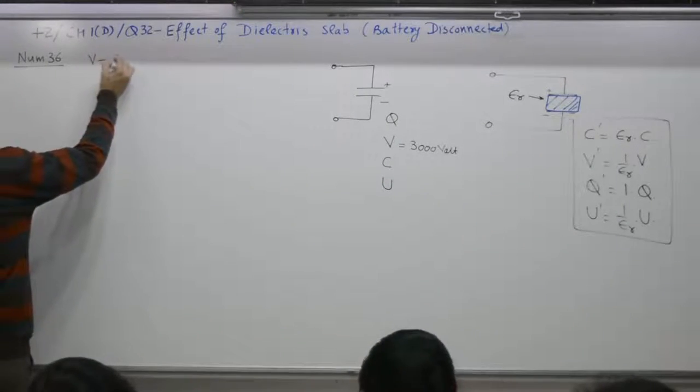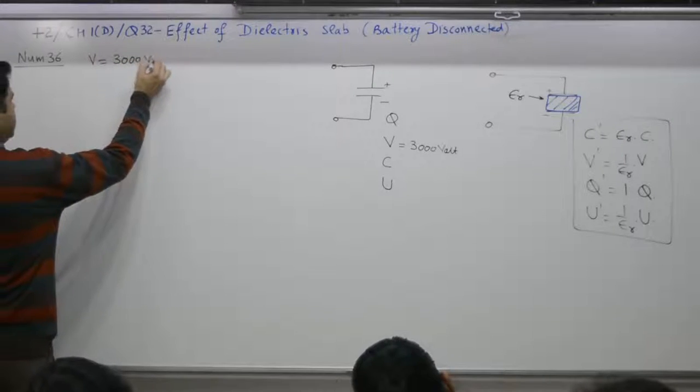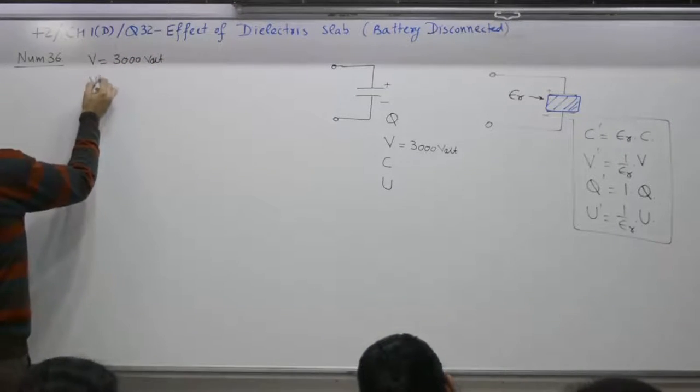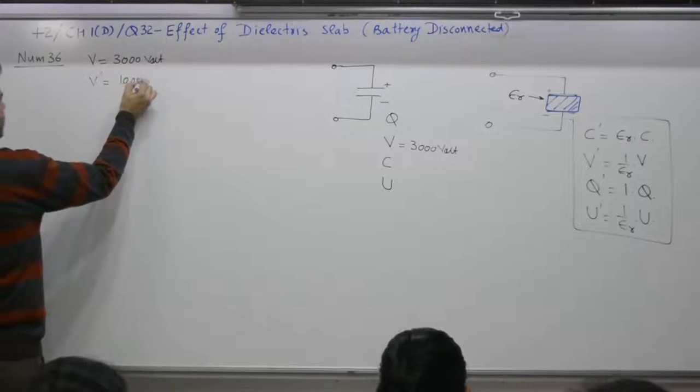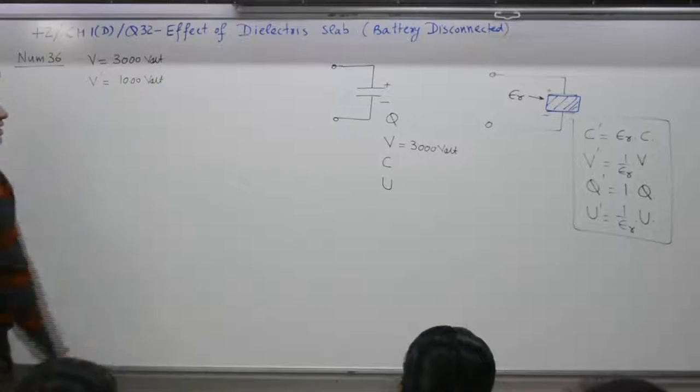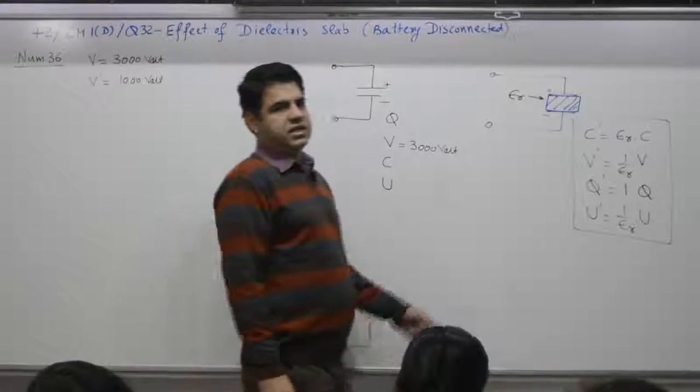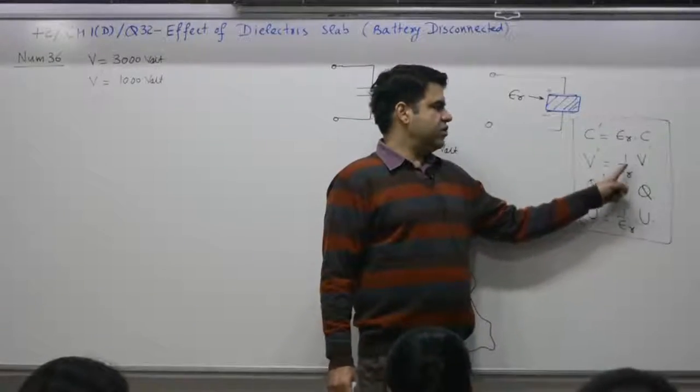V is 3000 volt, V dash is 1000 volt. So definitely it is a case of battery disconnected, because V dash is equal to 1 by epsilon R times V.